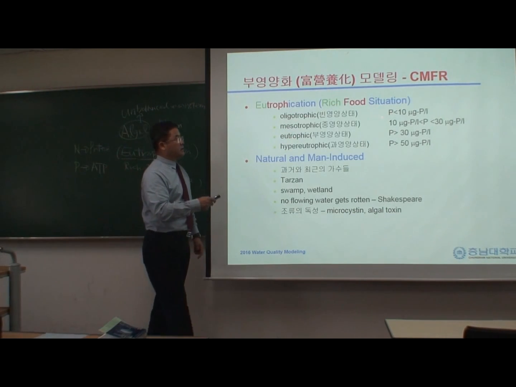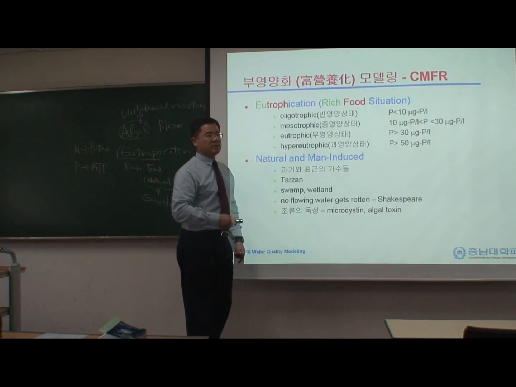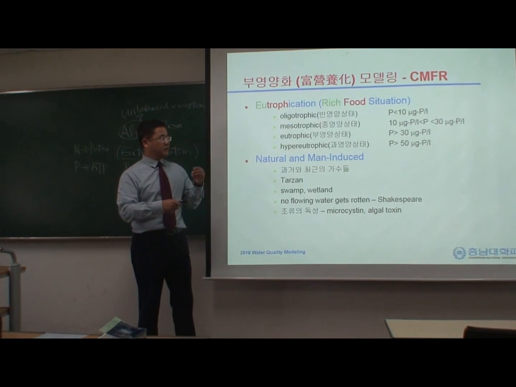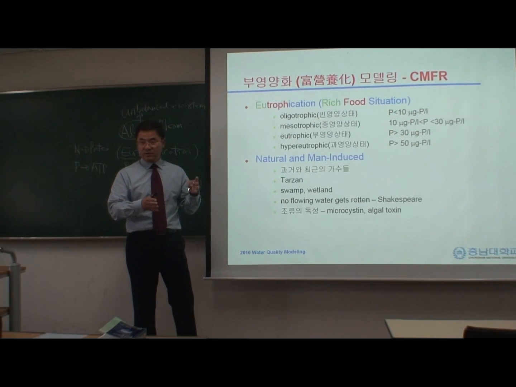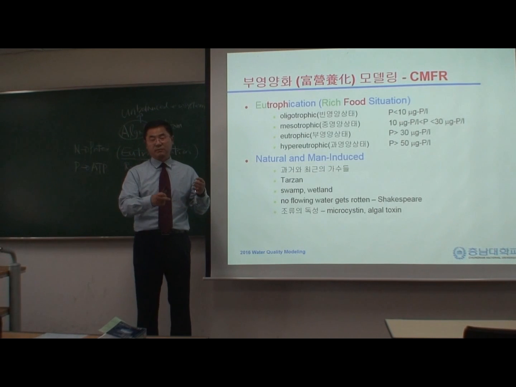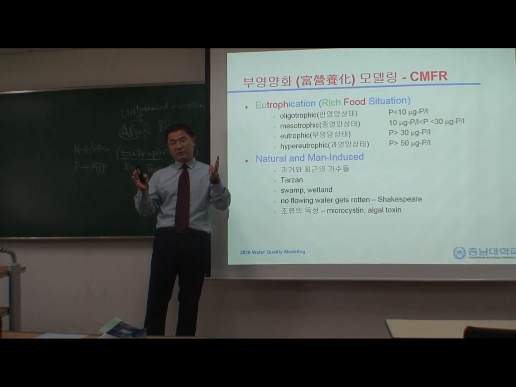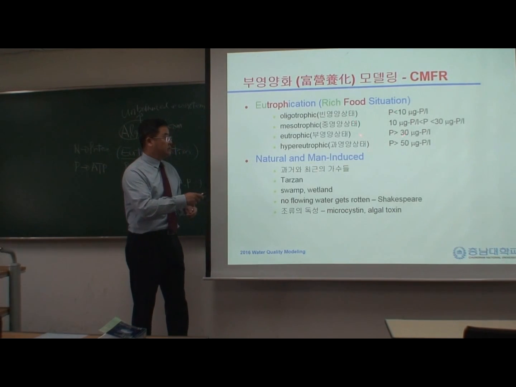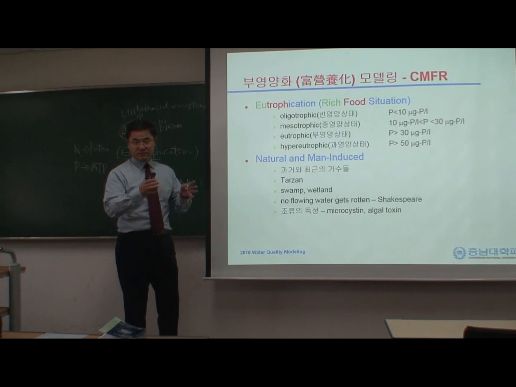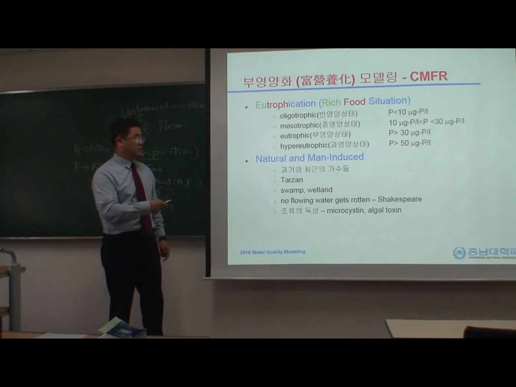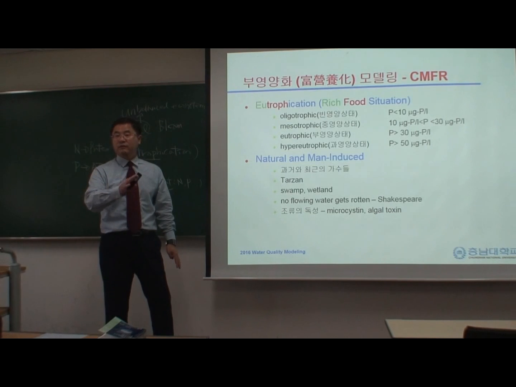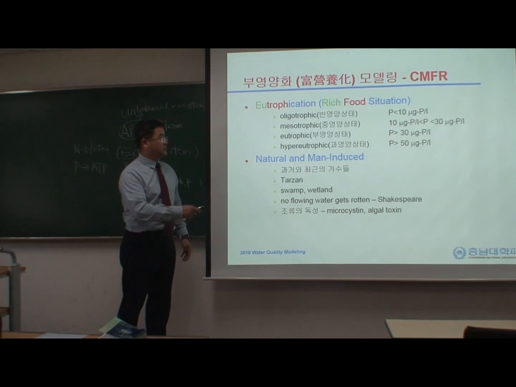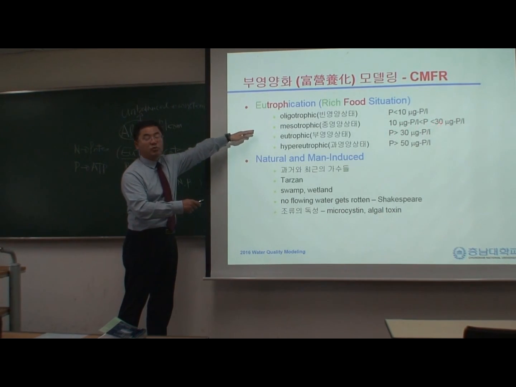And this is not a definite category, and sometimes a concentration lower than that can cause eutrophication, even if phosphorus is about 10 micrograms per liter or less, and still you can have eutrophication. But in general, the scientists searched the papers and they came up with this kind of suggested value. It's not a fixed value, right? Sometimes it says the eutrophication standard is about 20.